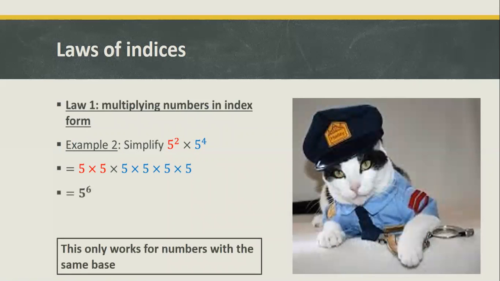We've got 6 5s. So we write it as a single number, 5 raised to the power of 6. This only works for numbers with the same base. So if you have 5 raised to the power of 2 times 3 raised to the power of 4, you cannot do it like this.